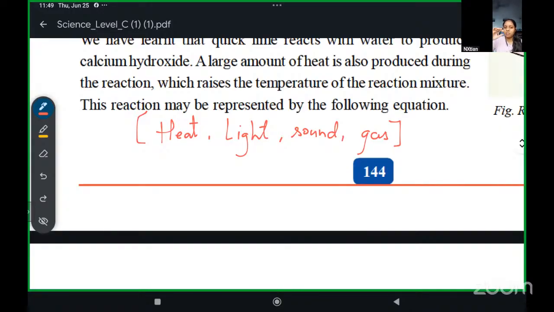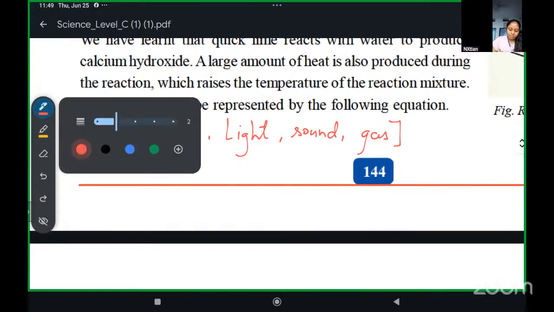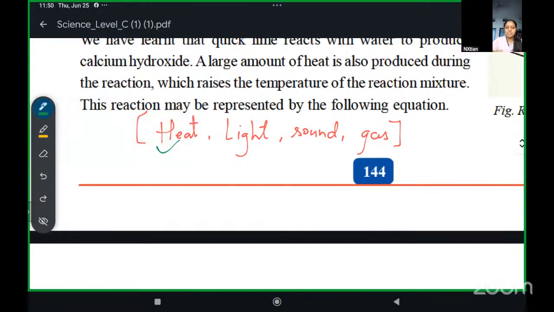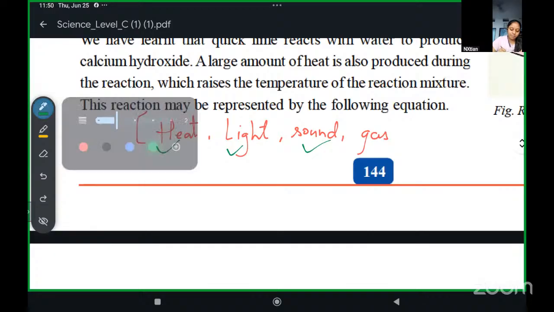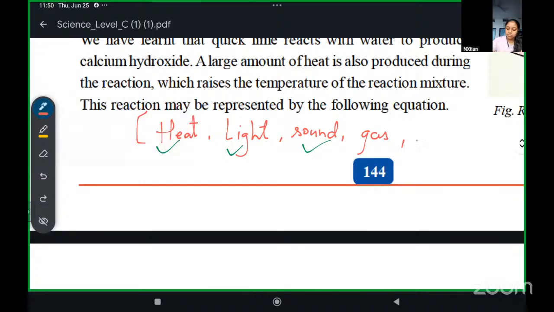For different chemical reactions, different things may happen. Some chemical reactions produce heat, some give a sound, some other reaction will give light. There is also smell, odor.